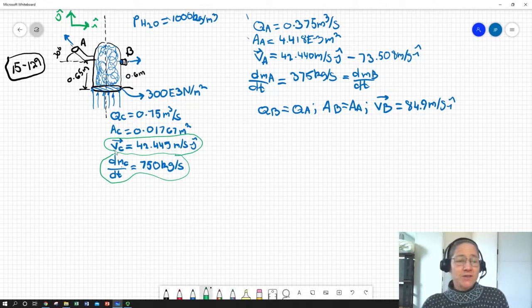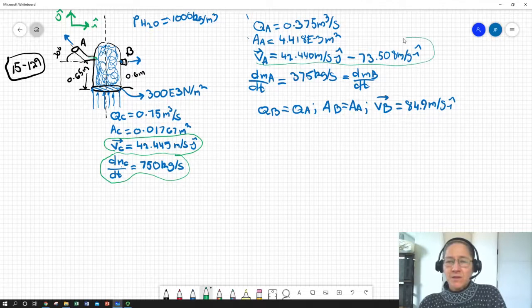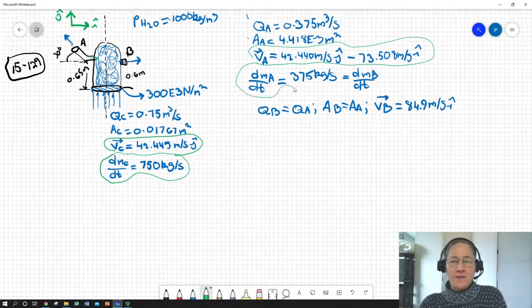So our change in velocity at C is going to be negative 44.45 meters per second. At A, we can look at our velocity as having been 0, a little packet of water just sitting here, and then it shoots through the nozzle and acquires this velocity. It gets a positive change in the j hat and a negative change in the i hat, associated with this mass per unit time.